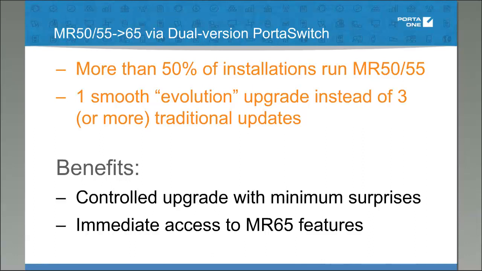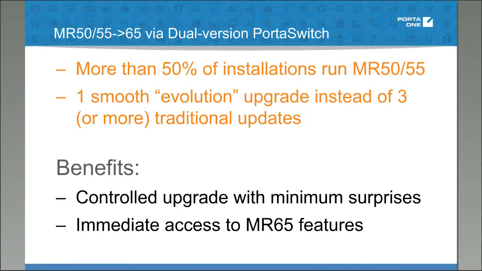Earlier, to start providing newer features to your customers, you would have needed to undergo a number of update procedures. And at the moment, the latest LTS release is 65. So, for example, there is a provider with an MR50 running installation.